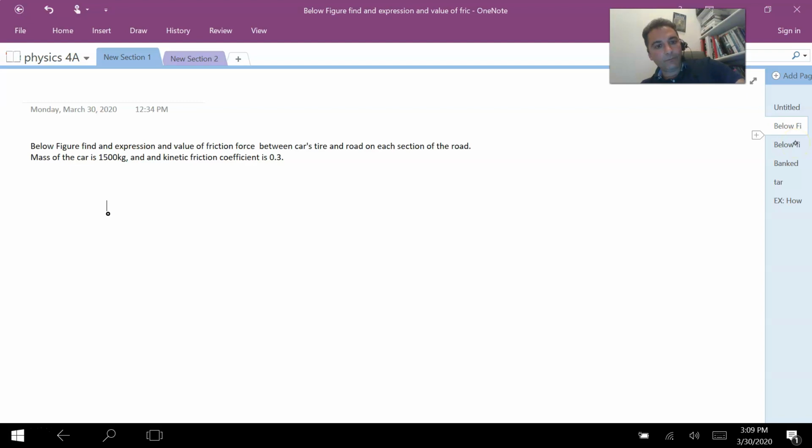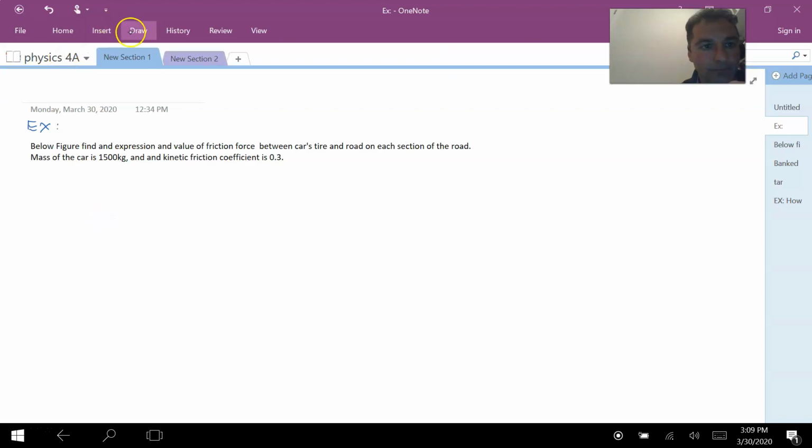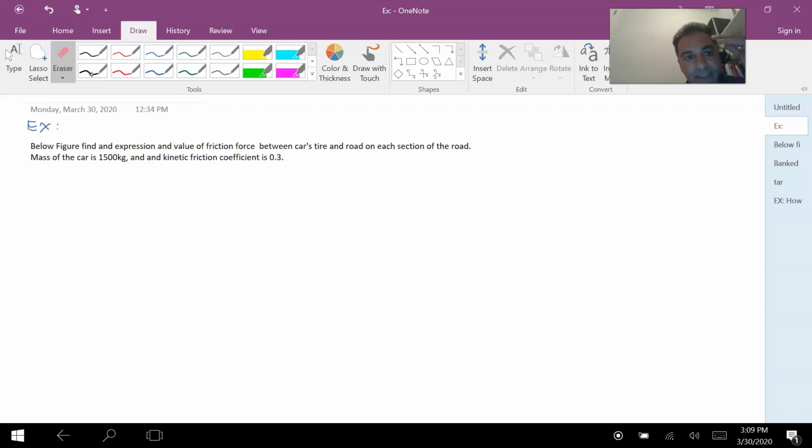Now, I want to do one question for you. Okay? Let's see what it says. So this is like an example. The question says: below figure, find an expression and value of friction force between the car's tire and road on each section of the road.